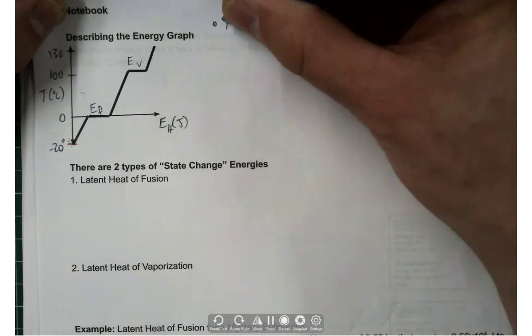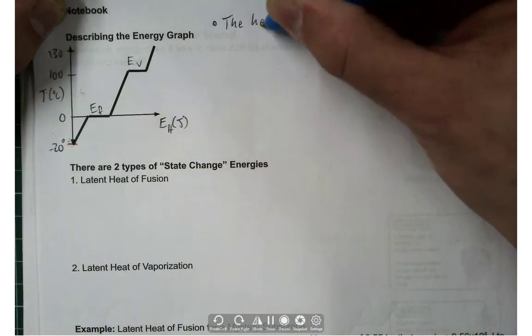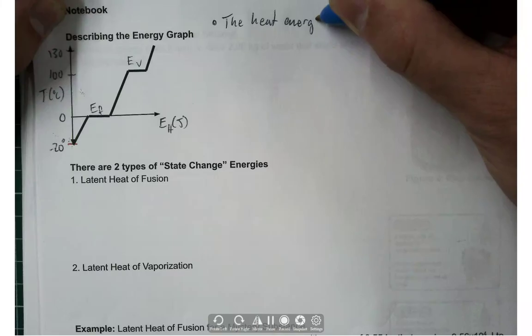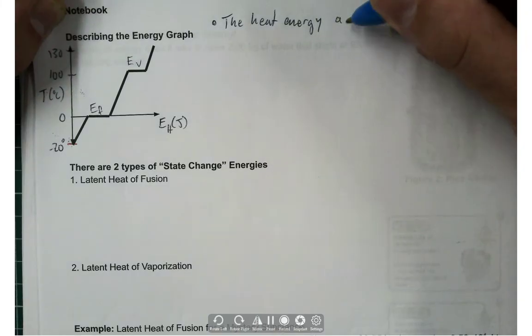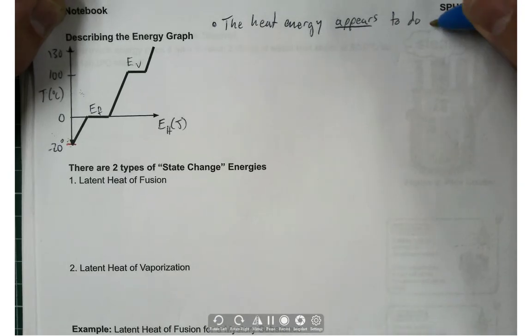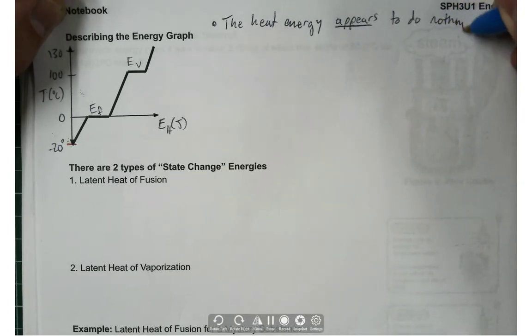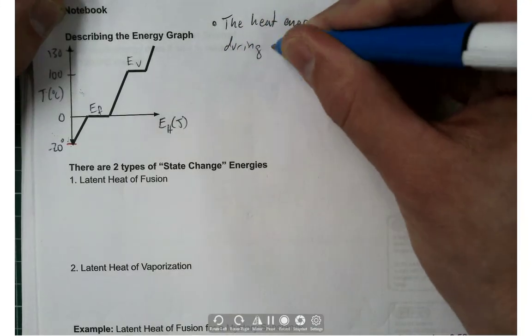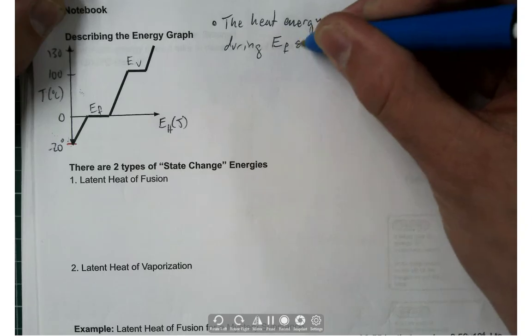First, the heat energy appears, I'll just underline the word appears, to do nothing during EF and EV.